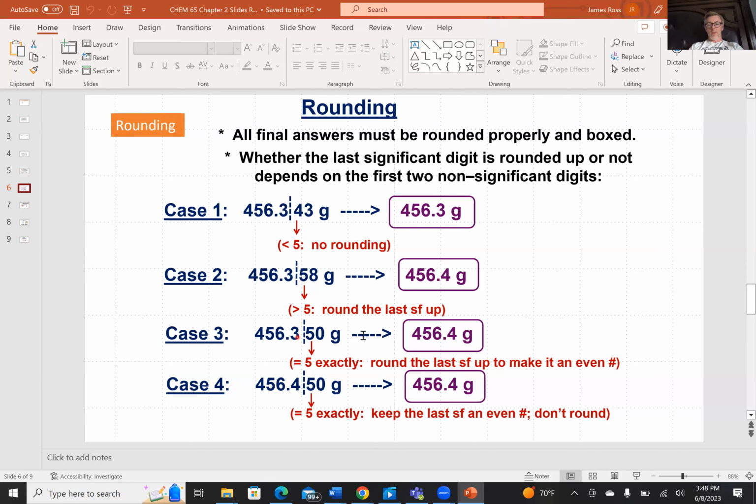So we add 1 to the 3 to make it a 4, and we're done with 456.4 grams. Alternatively, in case 4, if we have exactly 5 and the last significant digit is even, we add 0 and leave well alone. And again, we're done with 456.4 grams.